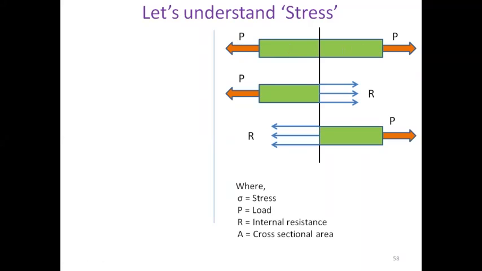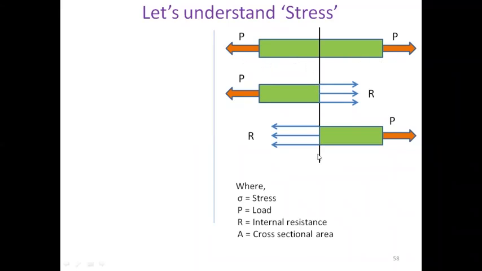Now, we have a concept or term called equilibrium, correct? What is equilibrium? Equilibrium means a stable condition. So initially the block is in equilibrium. When we apply two equal and opposite forces, our block is still in equilibrium.